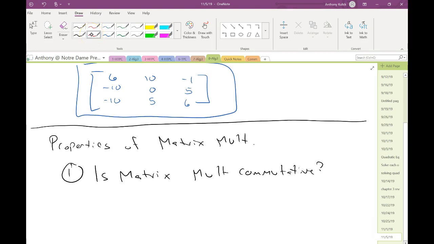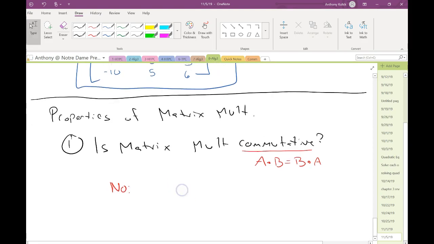What do you guys think? What do we mean by commutative? We mean A times B is equal to B times A. Should answer no. We've already demonstrated why this is not true in general.